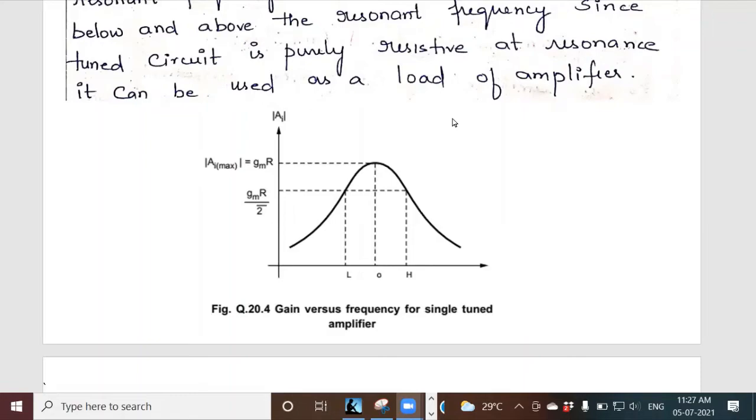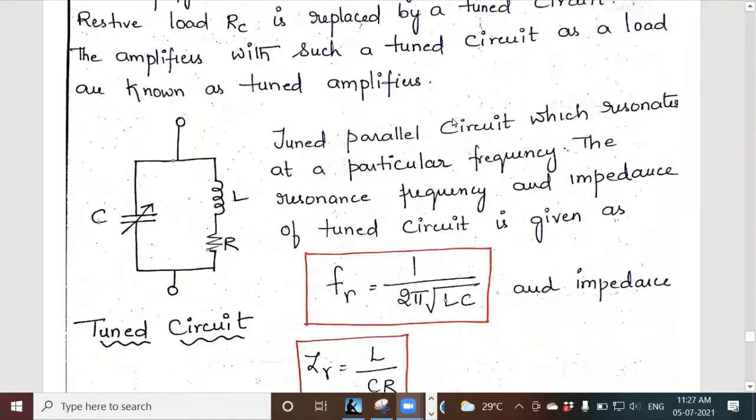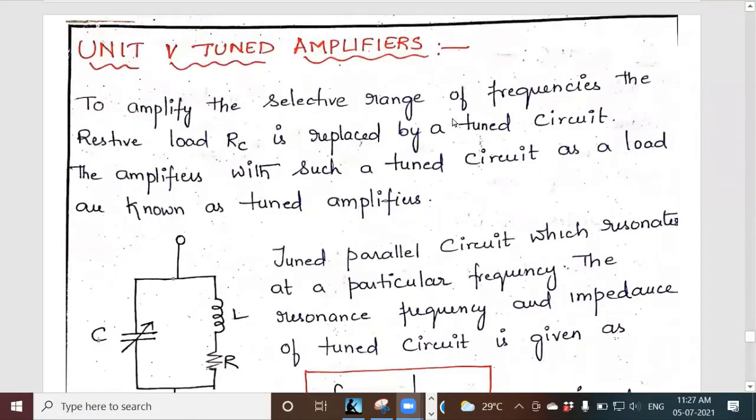Suppose you only want to listen to 98.3, you can make use of a tuned amplifier, select that particular frequency and process it, and then you will be able to hear only 98.3. So this is the main idea for going for tuned amplifiers.